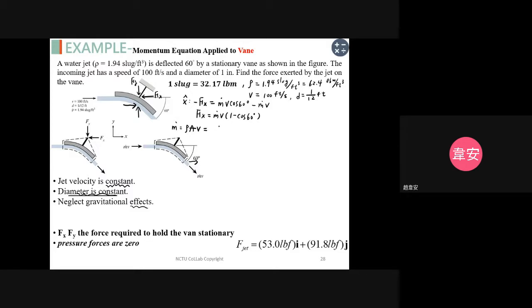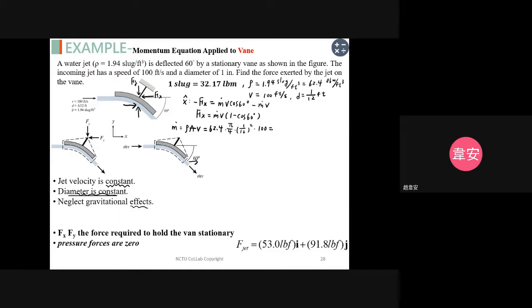We have the density, 62.4, and the areas. The diameter of the flow is 1/12 ft, so the area is pi over 4 times d squared, multiplied by the flow velocity of 100.